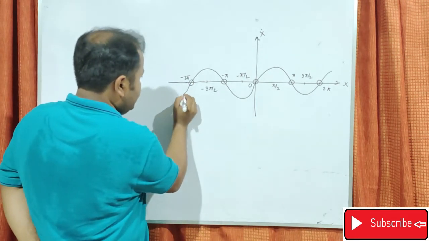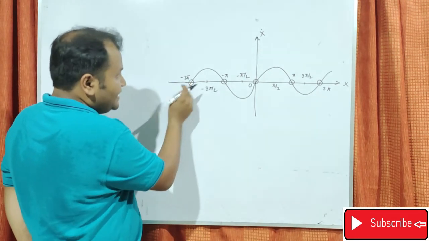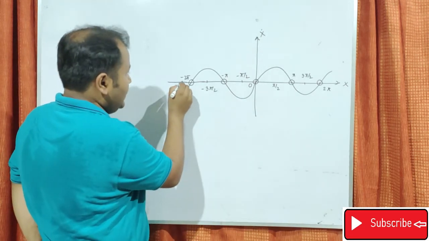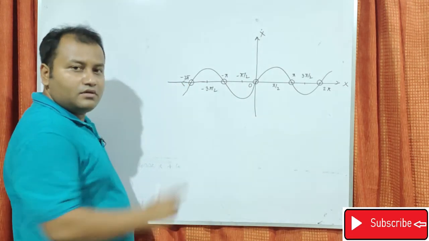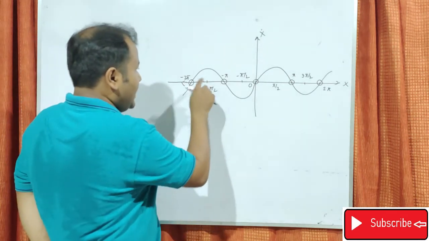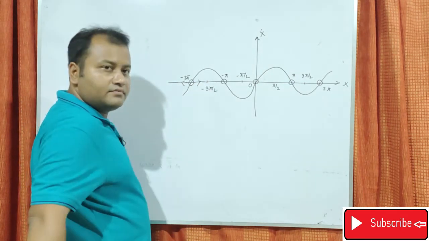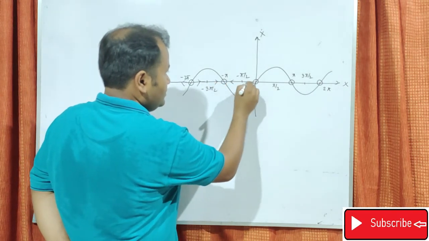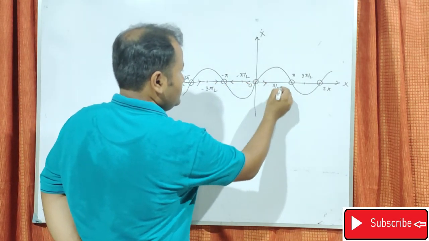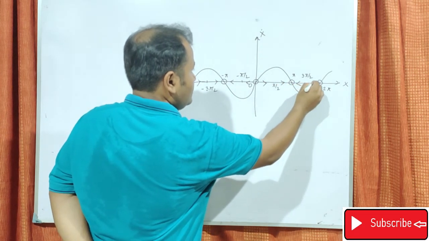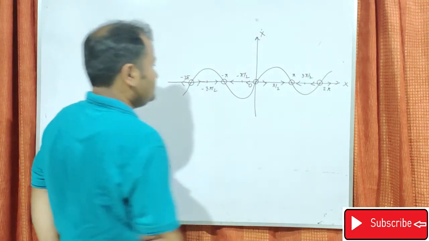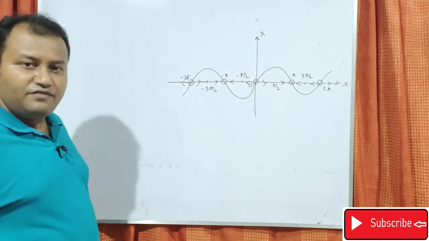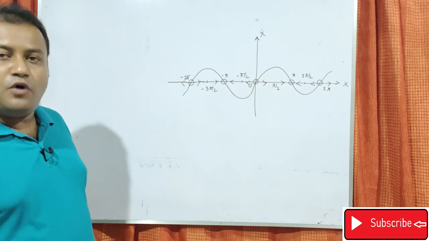You see, in the left side of minus 2 pi, the curve is negative, so the direction will be leftward. On the right side it is the opposite. So we have got different kinds of arrows around these fixed points.